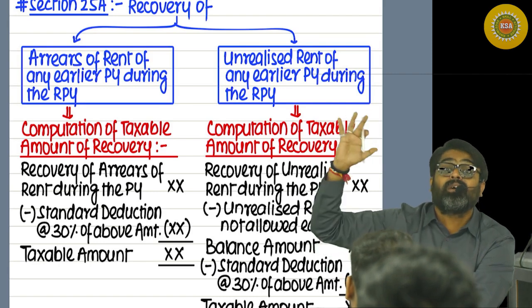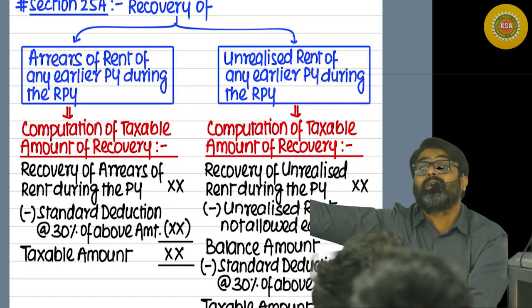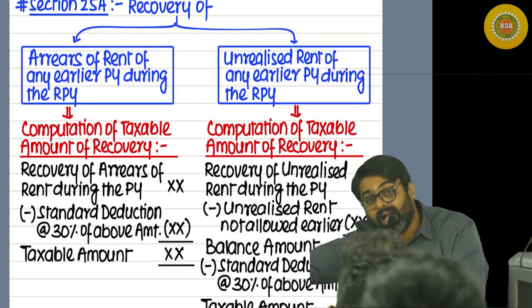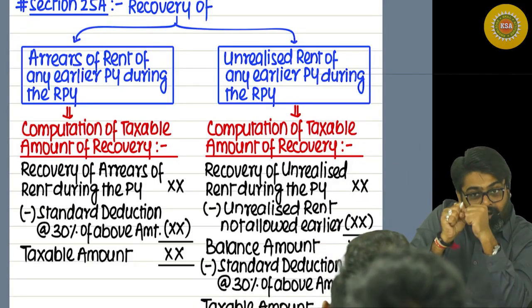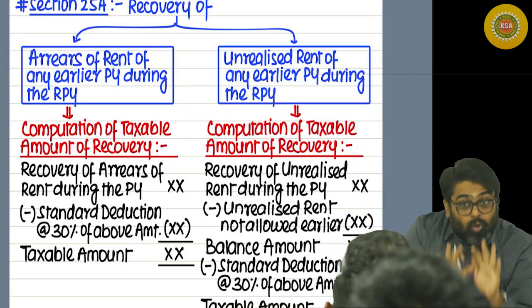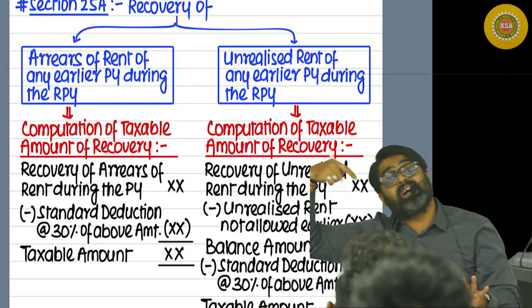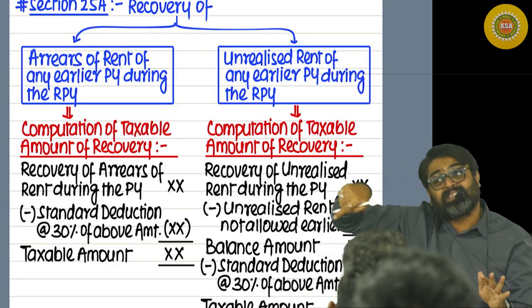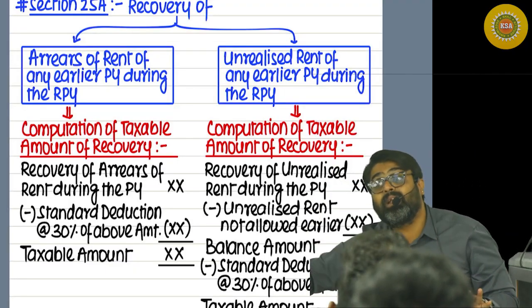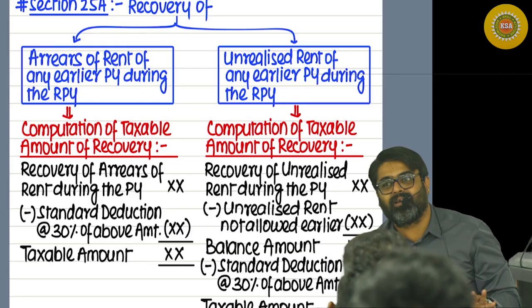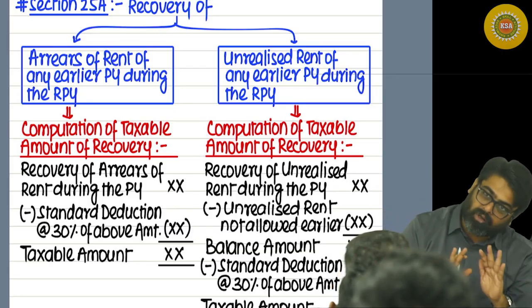It was not allowed, meaning it has already suffered tax. So to the extent which is taxed earlier, meaning not allowed earlier, to that extent it will not be taxed.